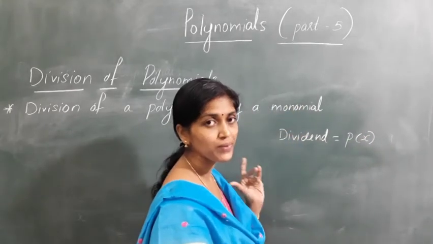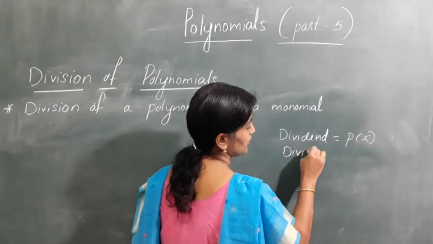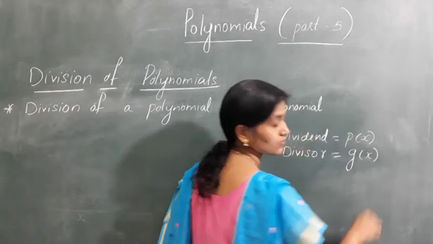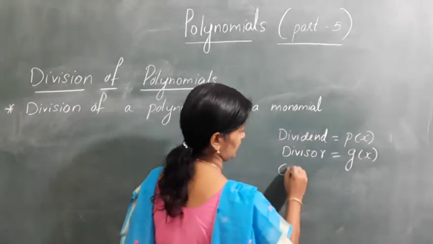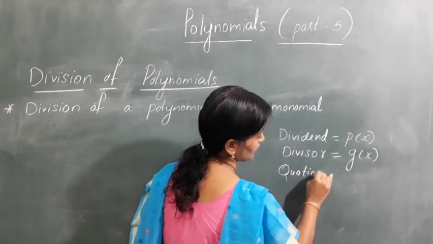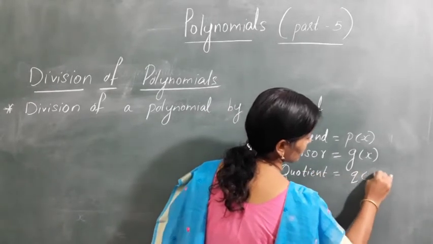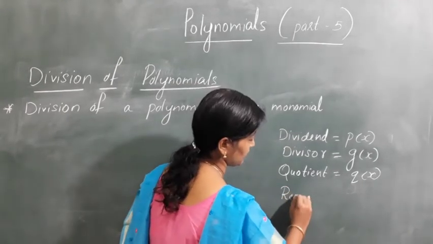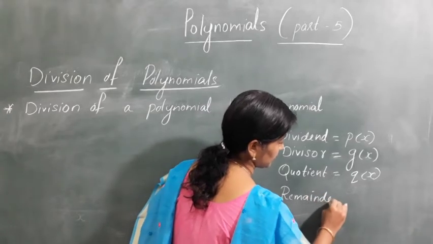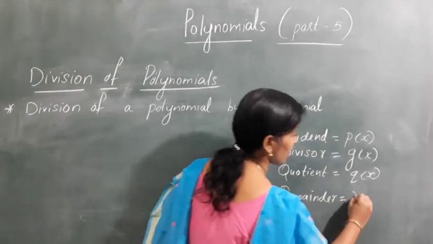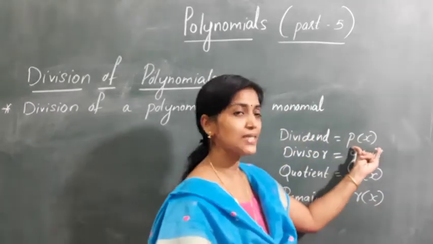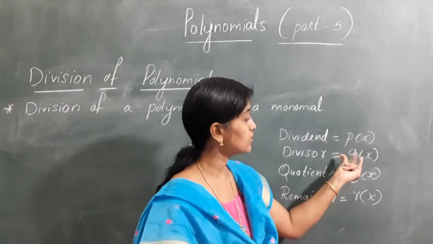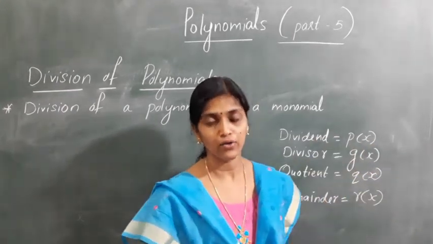The divisor we denote as g of x. The quotient we denote as Q of x. The remainder we denote as R of x. So all these are polynomials in x. That's why we denote them as P of x, g of x, Q of x and R of x.